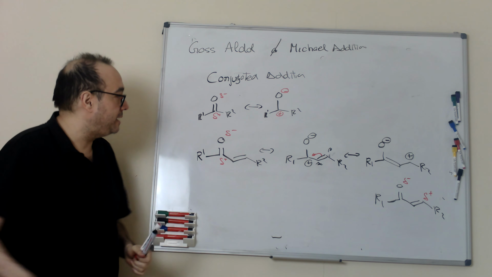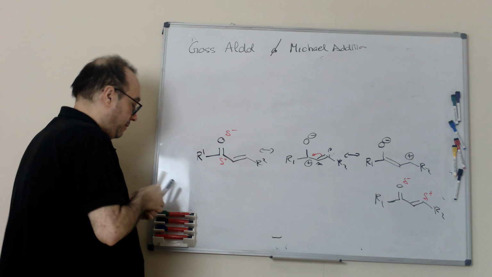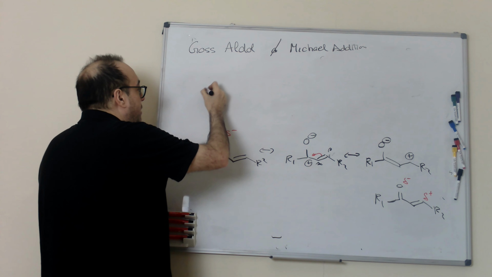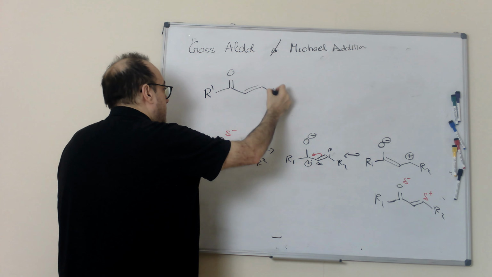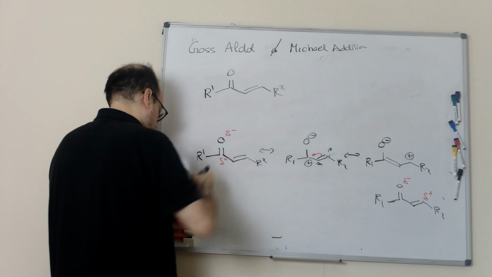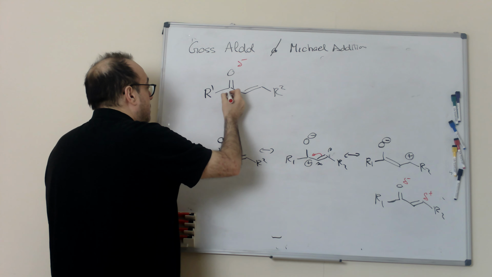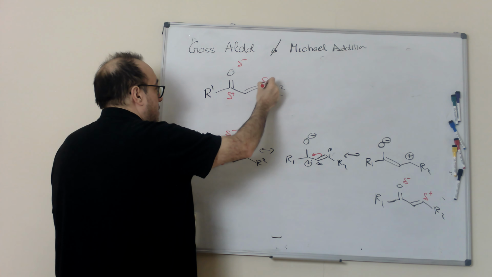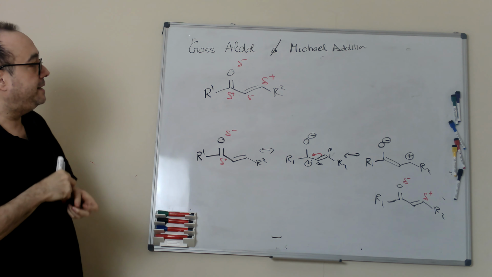If we join all together, what we have is that in alpha beta unsaturated compounds, we have this charge density.